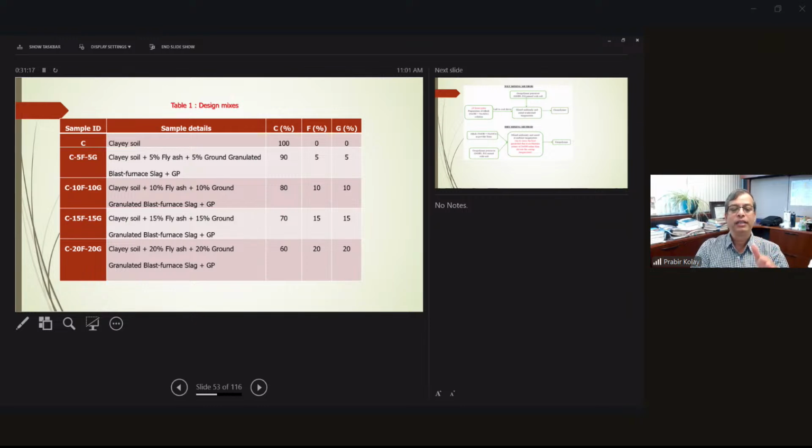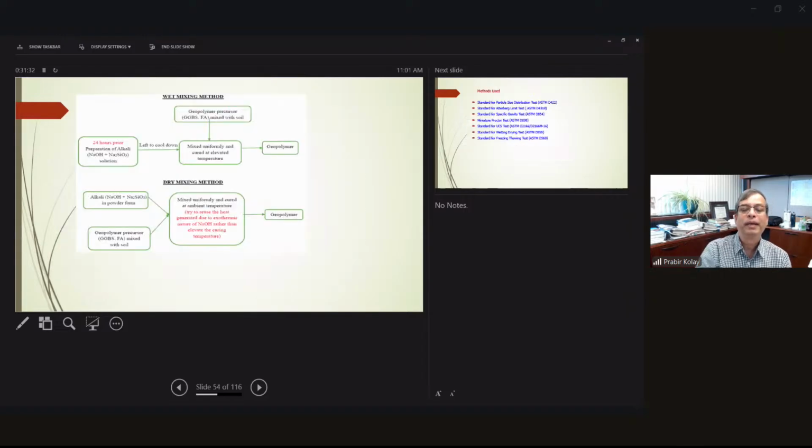The third is 15% fly ash and 15% GGBS with geopolymer, and 20% fly ash and 20% GGBS with geopolymer. So different combinations, to see what is happening. And as I mentioned, the dry mixing method compared with the wet mixing method.